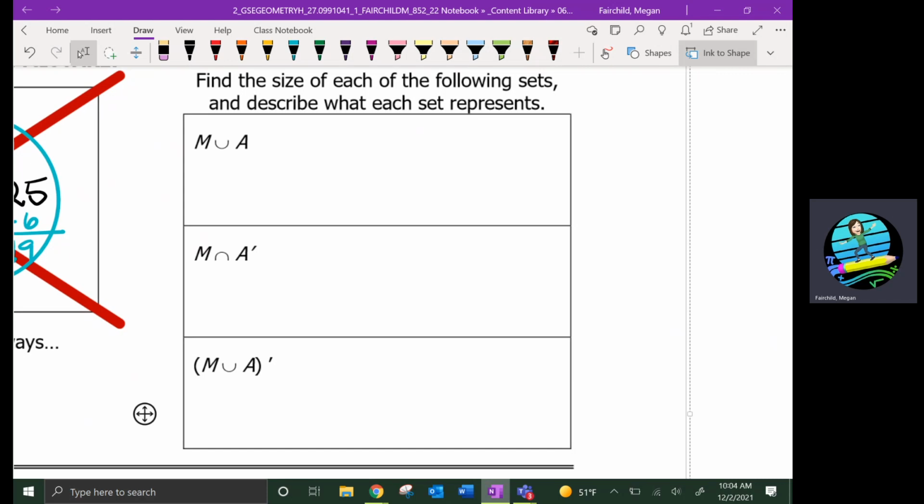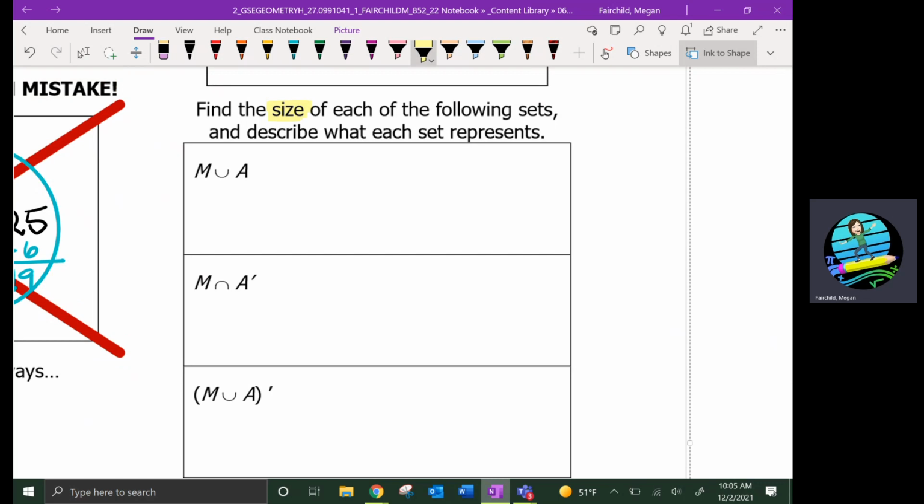All right, now what we have to do is translate what we see here into words so we can figure out what they're asking for, okay? Again, remember, we're looking at what it's asking, the size. It's not asking probability, it's saying what's the size, meaning how many. So we need to translate this. What does that U mean again? It means all, right? You add them together, and in math we say or.